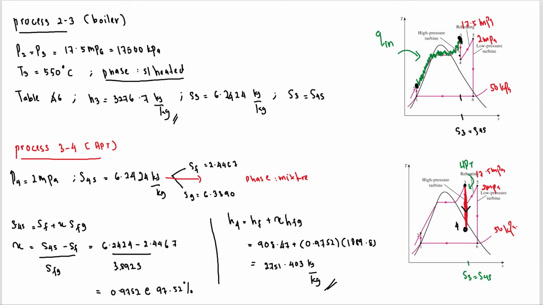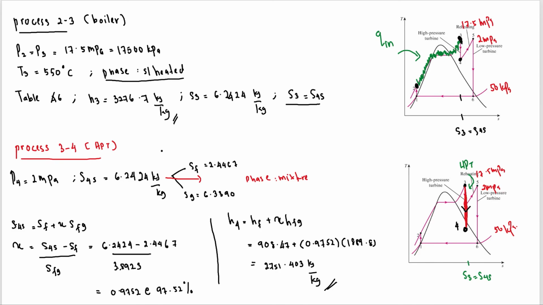Here P4 is equal to 2 megapascal, and P4 is equal to P5. I choose s3 equal to s4s as my second property so that I can find the phase. s4s is 6.2424 kilojoule per kg.